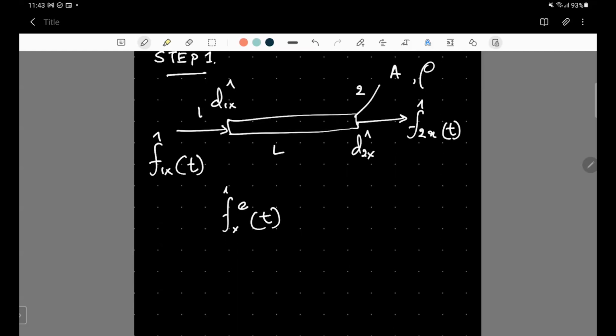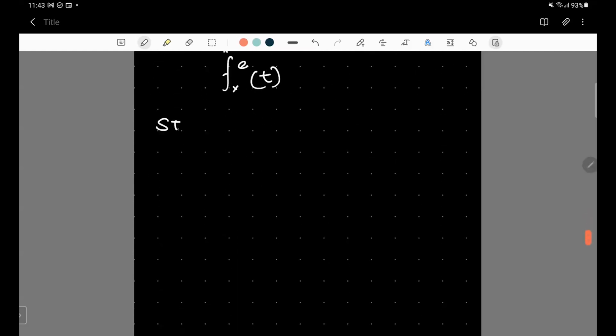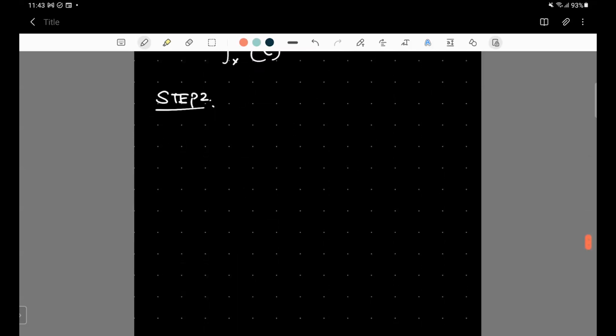The next step is to select a displacement function. Again, we assume a linear displacement function in the x axis of the bar. So the typical step, the displacement function can be described using a linear equation.